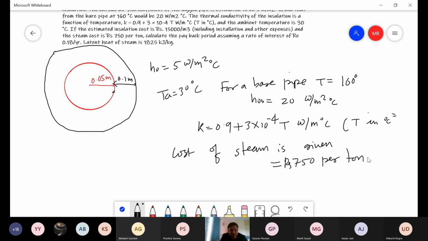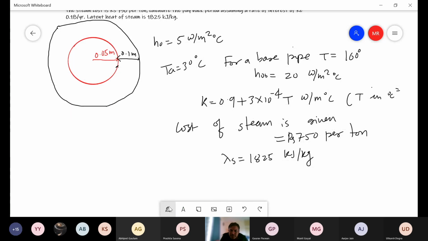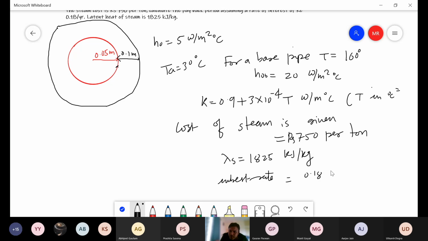The latent heat of the steam, lambda S, is given as 1825 kilojoule per kg, and the interest rate is given in the problem as 0.18 per year.